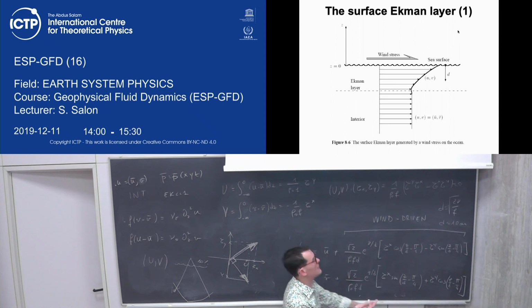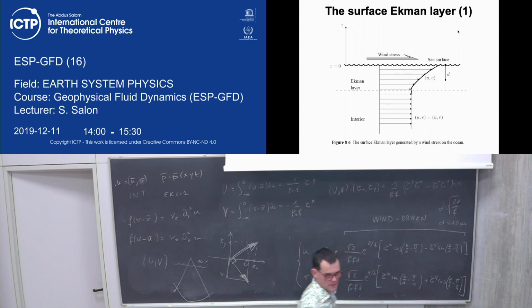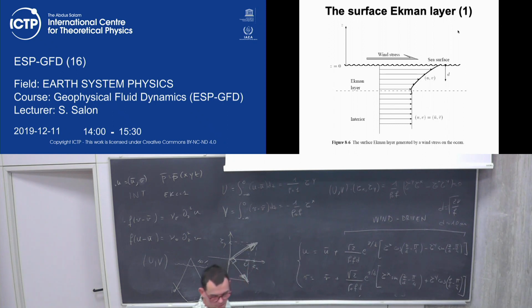Of course, it can be 20, 50, it depends, because this is a very rough estimate. But still, this expression of the Ekman layer, we found it in the solution for the bottom Ekman layer, but it still holds also for the surface Ekman layer.